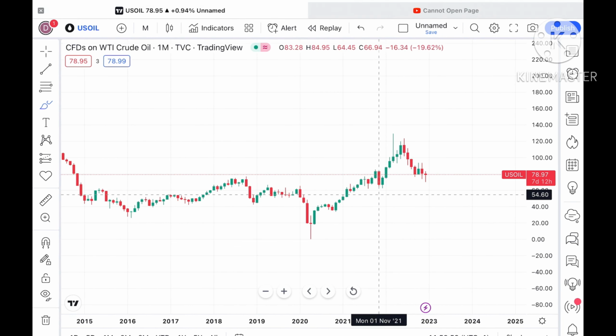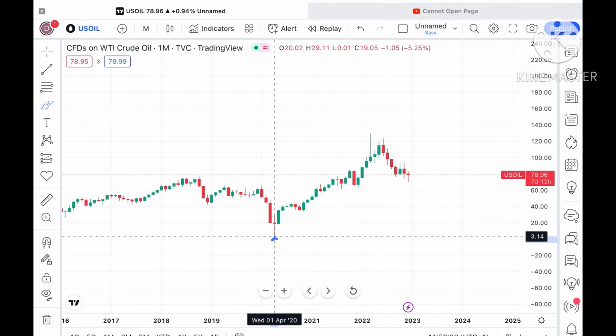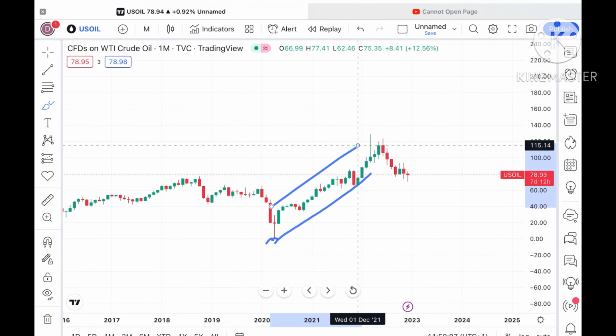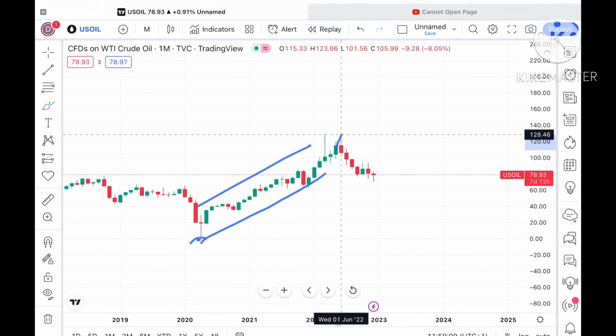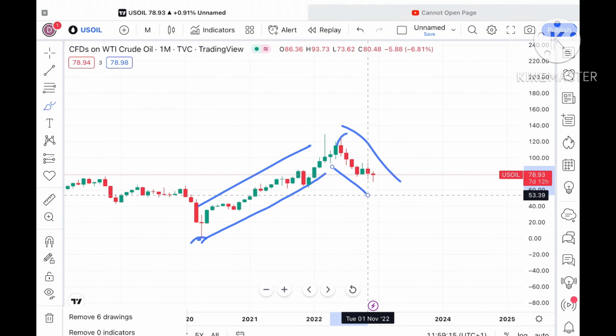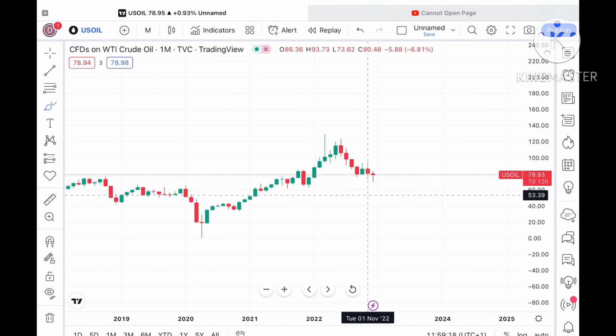After the pandemic, there is a pattern forming. If you look at this particular pattern, the crude price moved negative and after that it is continuously moving upside. It made a high around $129.67, and from there is a continuous downfall, and a pattern is created after 2020.